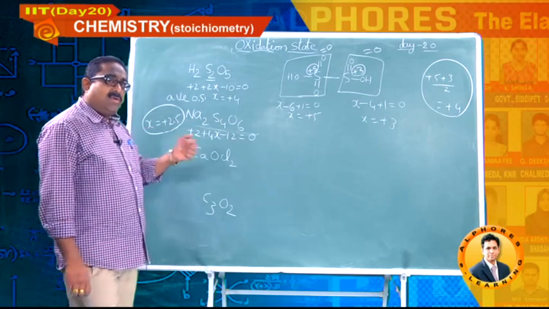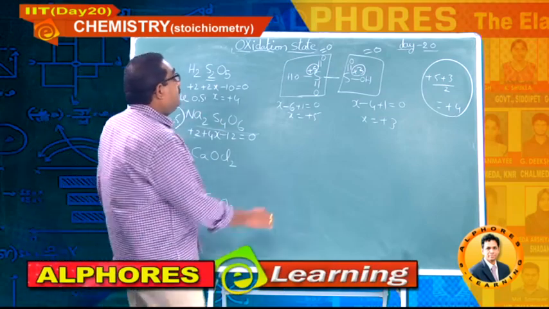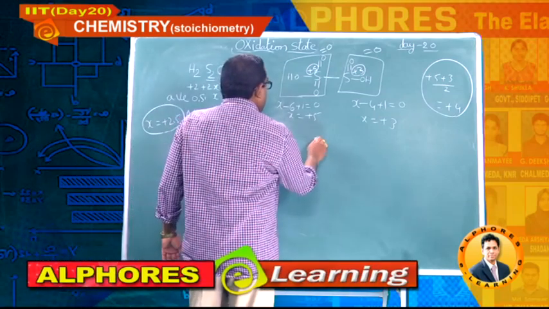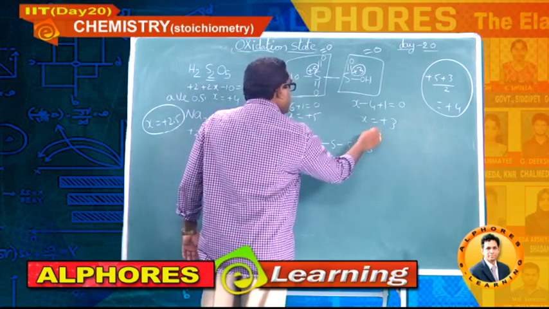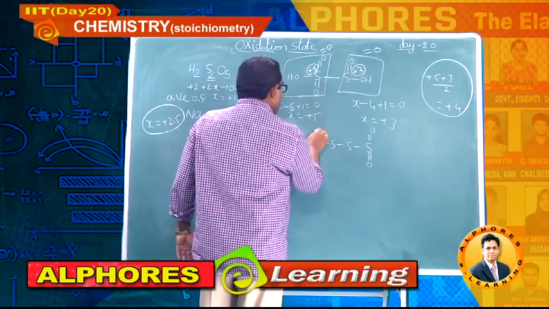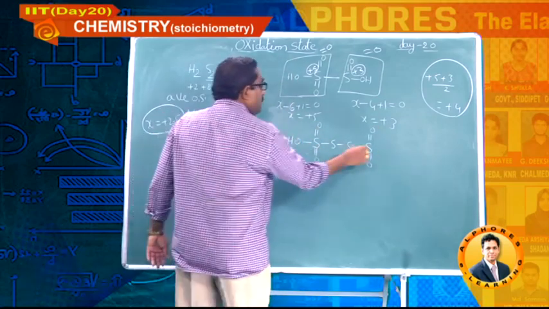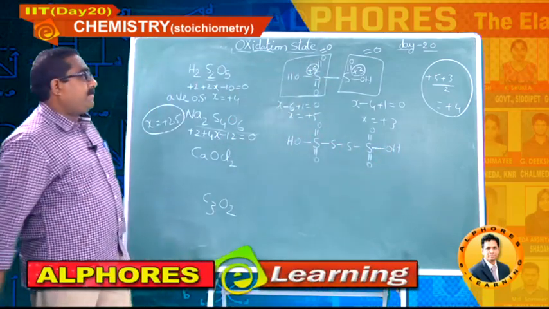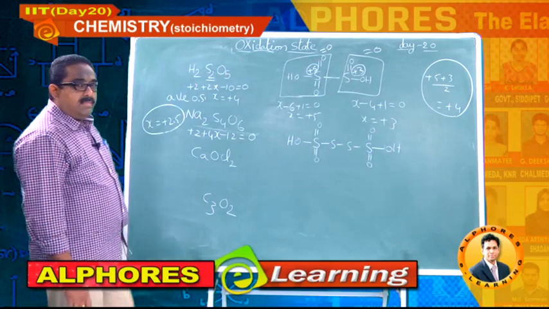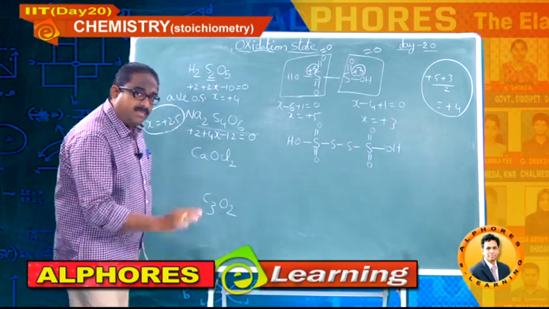Now, let us go for the discussion about the individual oxidation states. For that I am giving the bonding here. Concentrate. Now, you observe, students, carefully. I will go slowly, no problem.